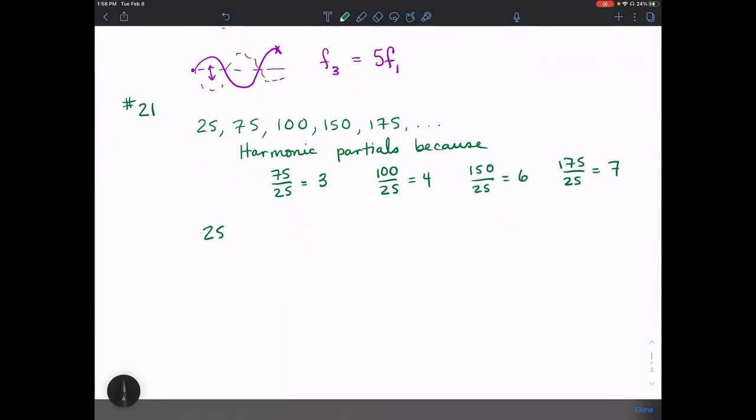A list that maybe was 25, 37, 75, 81, so 65, 81, 122, something like that, in hertz, those would be inharmonic partials, because if you do 37 divided by 21, you get a fraction.